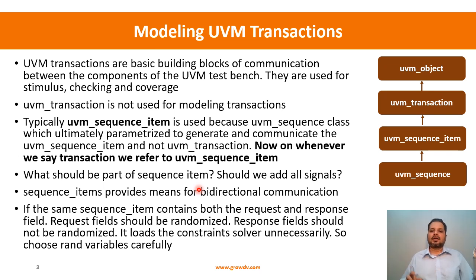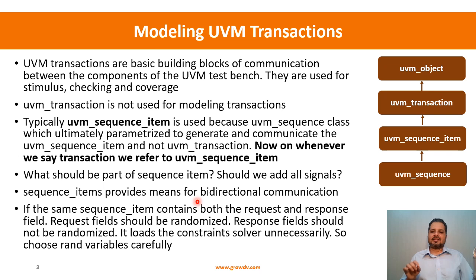Sometimes you might add a few pieces of information that you have extracted from the signal, or to be driven to the signal, as a part of the sequence item, but blindly you should not be thinking of adding all the signals present in the interface that are either being driven or being monitored. You don't have to make it a part of the UVM sequence item. It's not by default, so that's something you might want to remember.